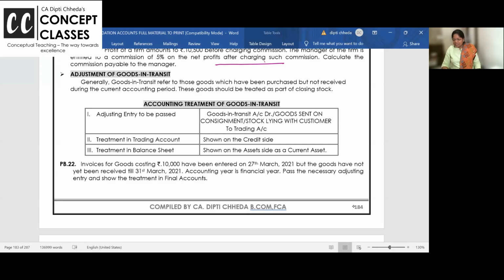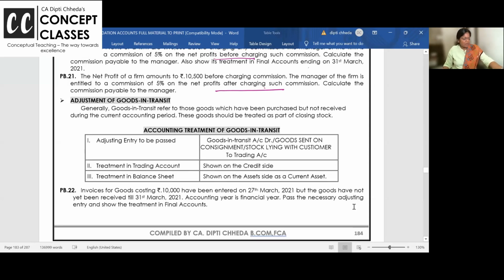Yes. So goods in transit, goods sent on consignment, goods lying with the customer. All these are my goods lying elsewhere and they are debited, and trading account ko credit karenge, inko debit karenge.